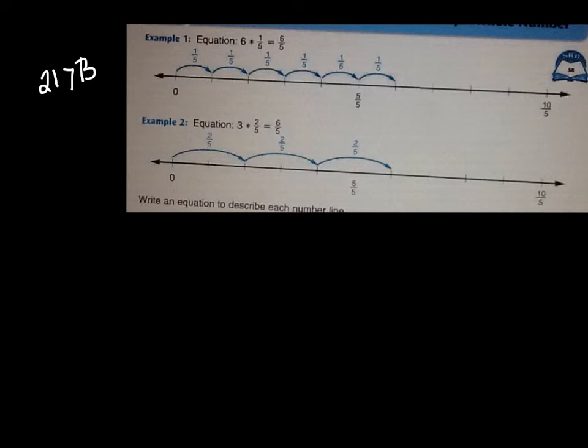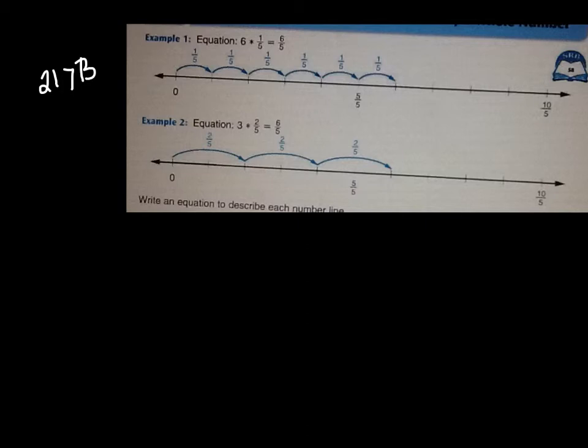You may have noticed that both equations involve multiplication of a fraction by a whole number. You may have also noticed that both equations have the same product and end at the same spot on the number line. You might have also noticed a difference in the factors.